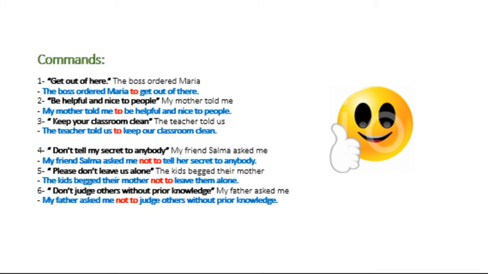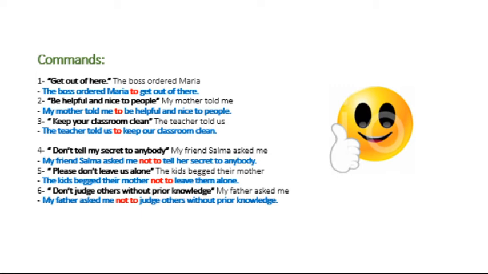Now let's have a look at the second section of examples. Don't tell my secret to anybody, my friend Selma asked me. Here we don't have tell, we have don't tell, so it's negative. The previous ones we have get, be, keep. There is no negation there. The second part, don't tell, don't leave, don't judge.